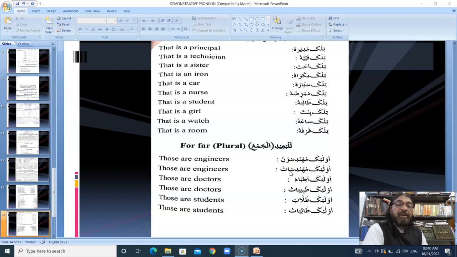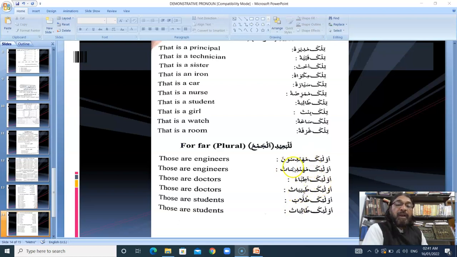Then after, suffixed here alif and ta, atun, muhandisatun. Tabibatun, ta is deleted, then after suffixing alif ta. Talibatun it was earlier, but after deleting the ta, alif ta is added here. So remember this point.